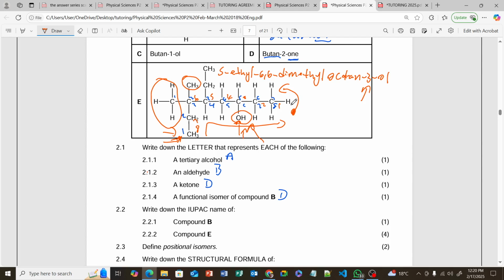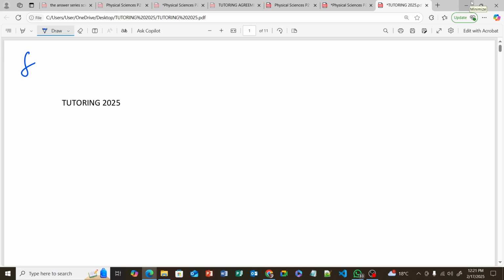Now you are asked a very simple question: define what is a positional isomer. So I'm going to move to the next page to define a positional isomer.